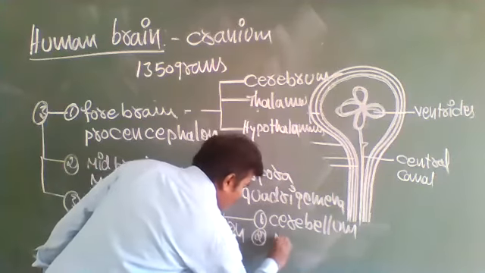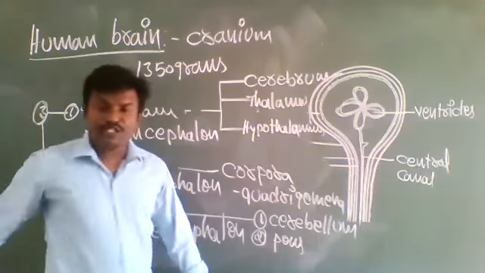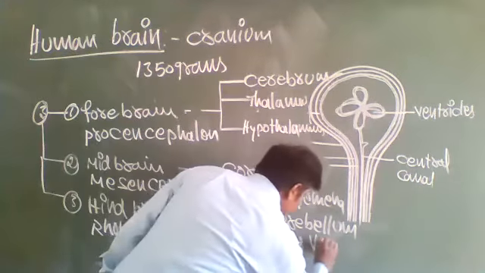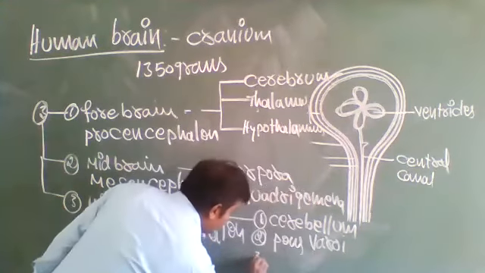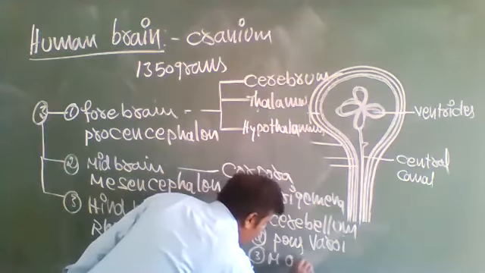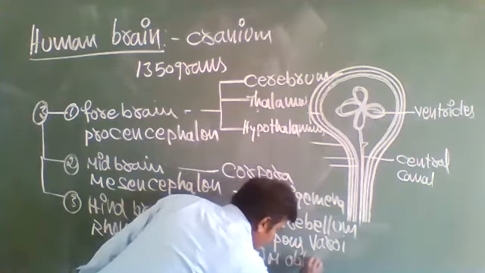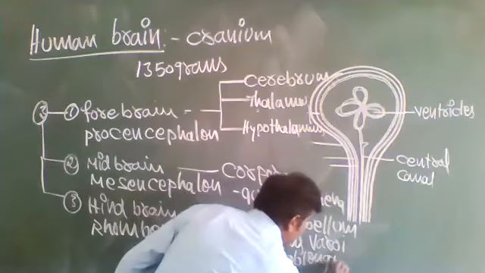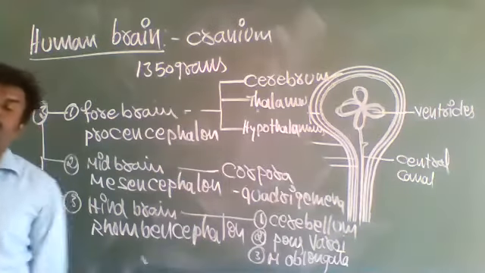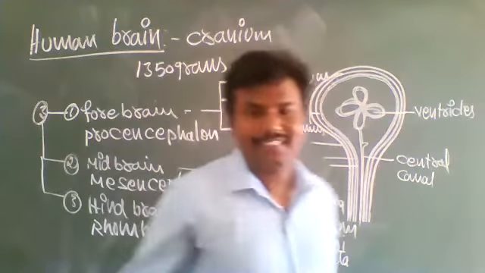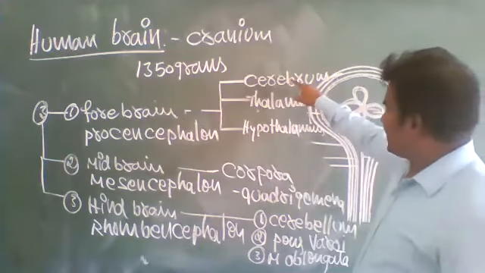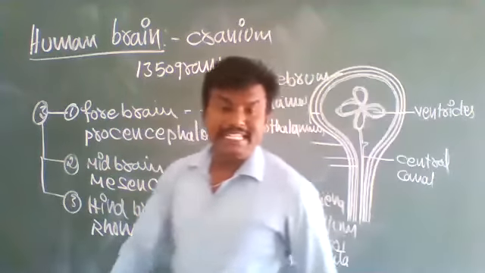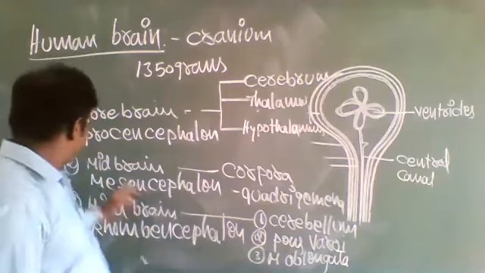The second one is pons, and the third is medulla oblongata. This is the information. With this, the prosencephalon explanation is over.